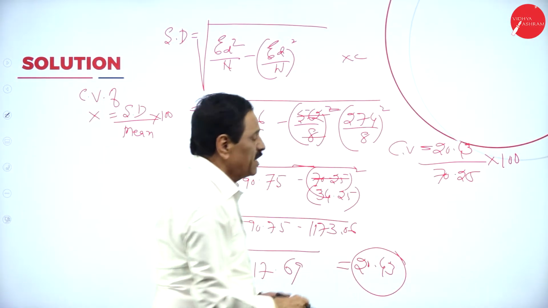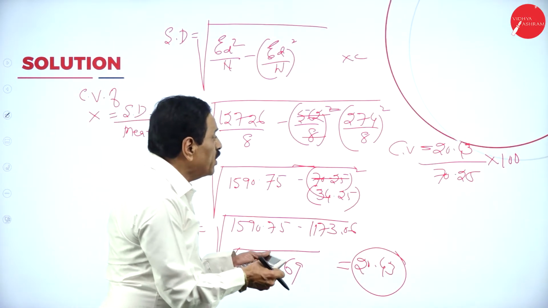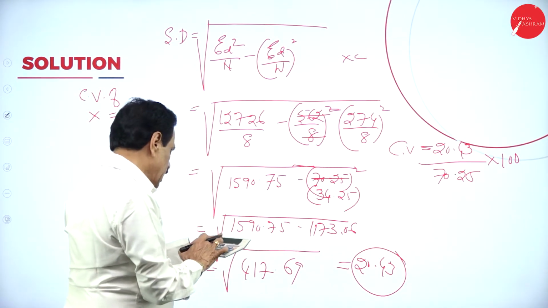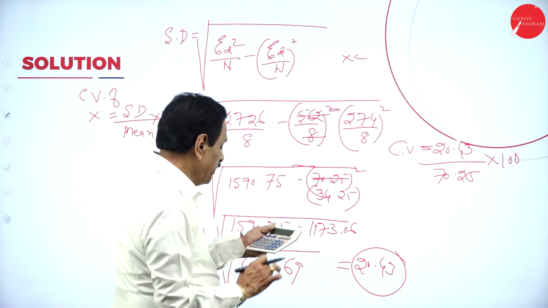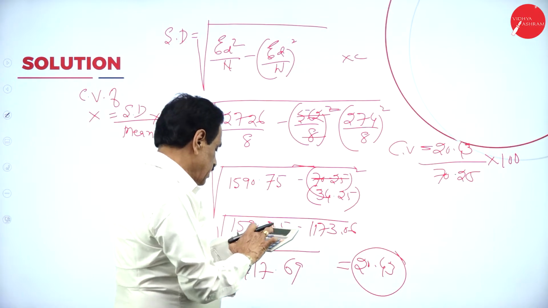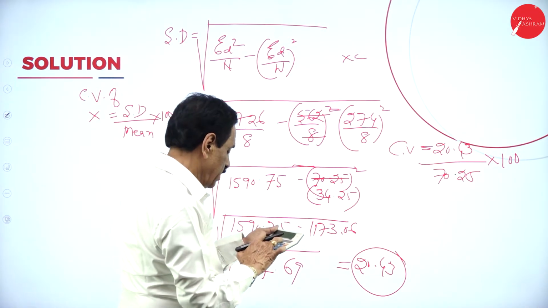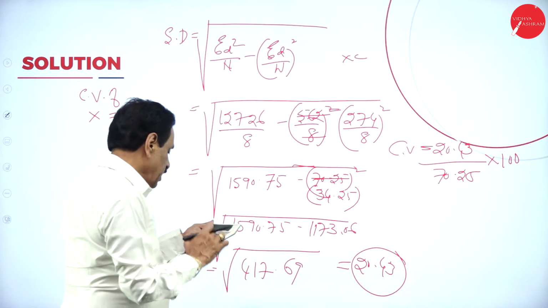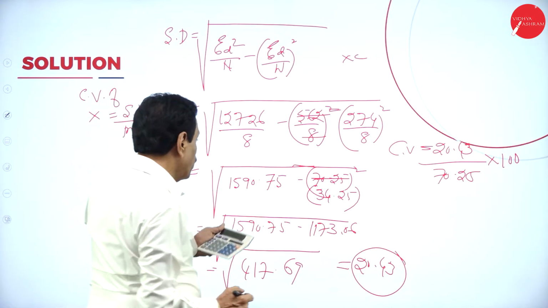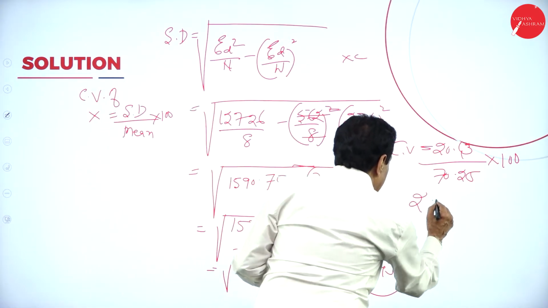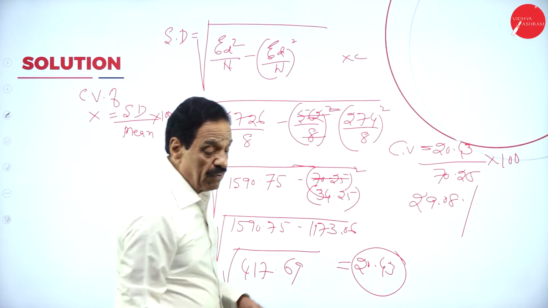What is the formula? Standard deviation divided by mean into 100. 20.43 divided by 70.25 into 100 is equal to 29.08 percentage. This goes in favor of X.